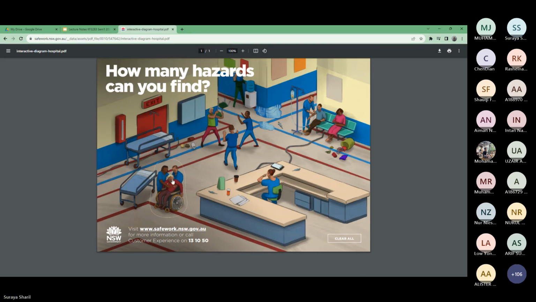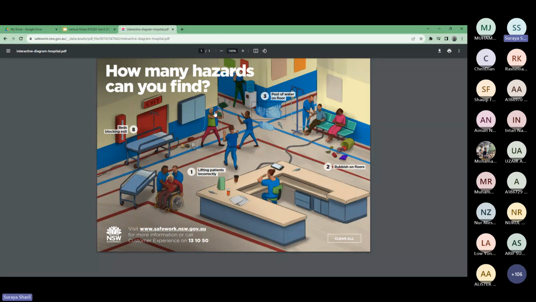Okay, this one. Back blocking the exit, this is number one. Okay, lifting a patient incorrectly. Another one here, rubbish on the floor. Here is another possible one, full of water.